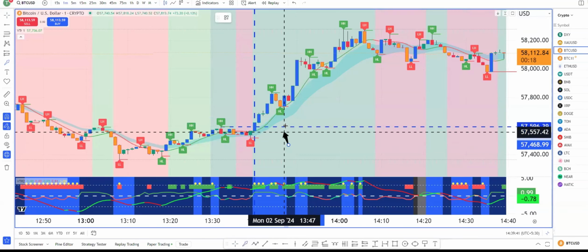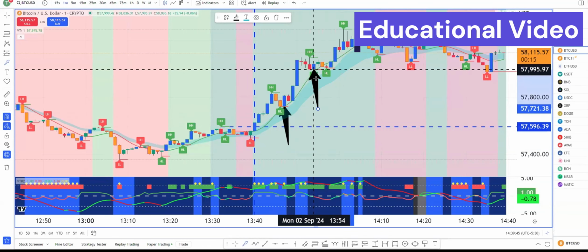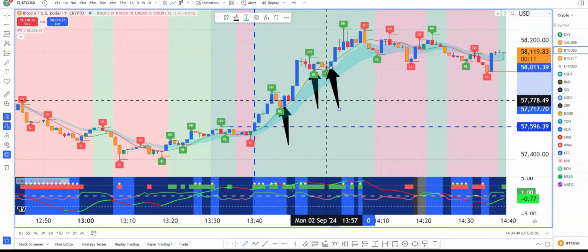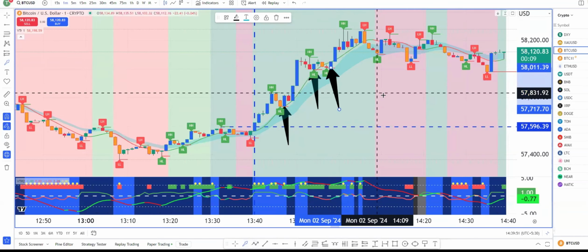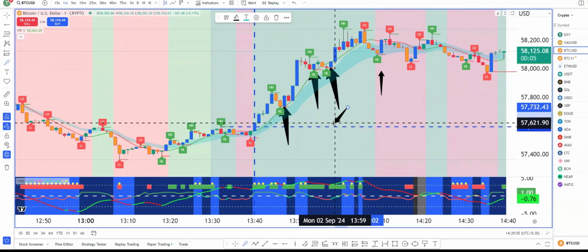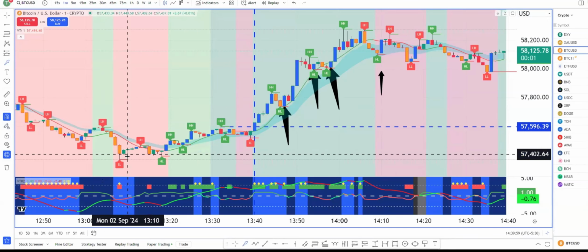For example, this was one spot, this was the second spot, this was the third spot. It is continuously giving us information that it is going to go up. These are the areas from where your price will start jumping out.